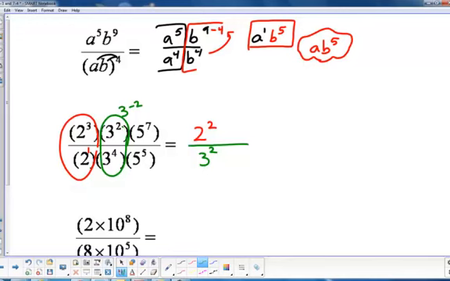You can actually take the 2 and bring it down and subtract it, and then you keep everything on the bottom. And then this is 5 to the 2. So 2 times 2 is 4, 5 times 5 is 25, 3 times 3 is 9, so it's actually 100 over 9.